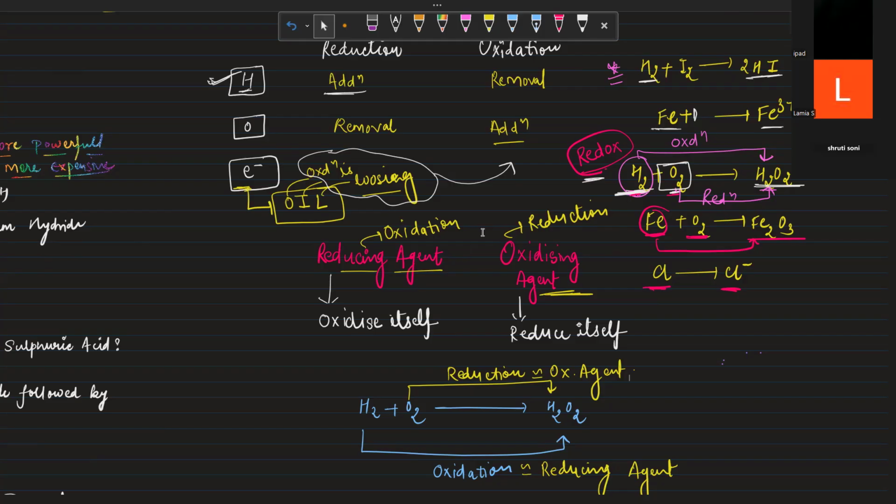Okay, so now NaBH4. NaBH4 donates its hydrogen and converts into NaBH3 plus H minus. In this case, from NaBH4 to NaBH3, does reduction take place or oxidation take place?